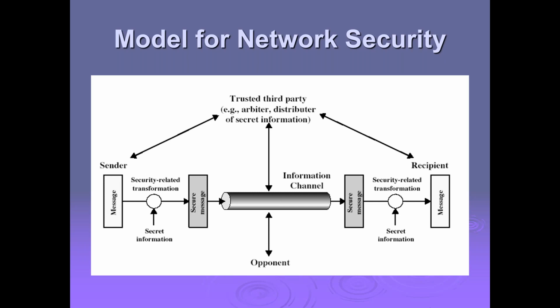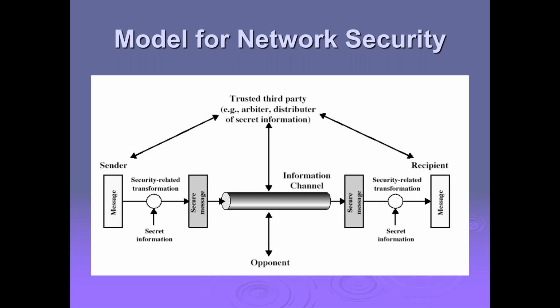Fine. So now we'll come back to this model for network security. See, this particular architecture is very common. The same architecture can be slightly modified to provide all the other services whichever mentioned, right? So first of all, the sender has one message. That message will be called plain text. Plain text in the sense what? Whatever he typed or whatever numbers he stored or any data, whatever he has.